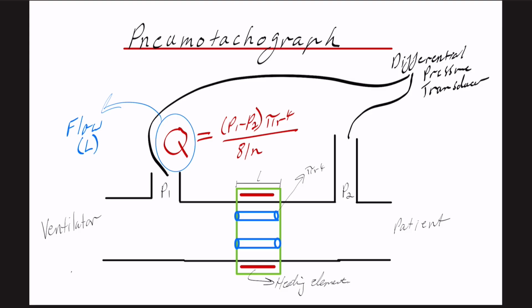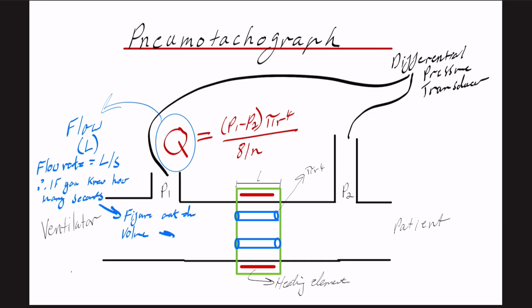So now when we think about flow, flow isn't just a volume. Flow is a volume over time, so liters per second. Now, what's really cool about the pneumotachograph is that if you know how many seconds, or you calculate how long you're measuring for between P1, P2 and all these other variables, you can then figure out the volume that is delivered to the patient and returned back to the ventilator.